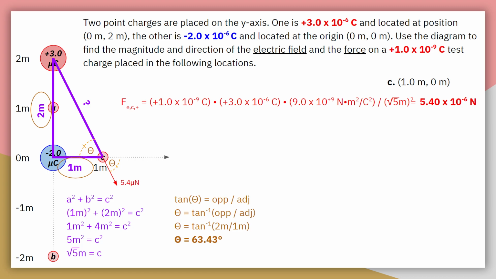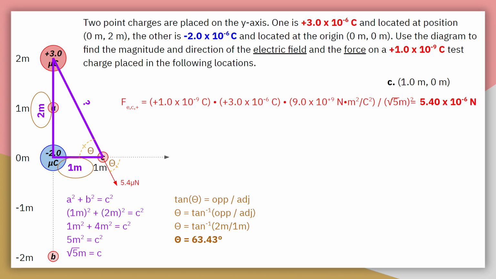I'm just going to use the 2 meter side of the triangle that is opposite the angle I want, and the 1 meter side that is adjacent to the angle I want, to allow me to use the tangent function. Tangent of an angle is the ratio between the length of the opposite side of the triangle and the adjacent side.